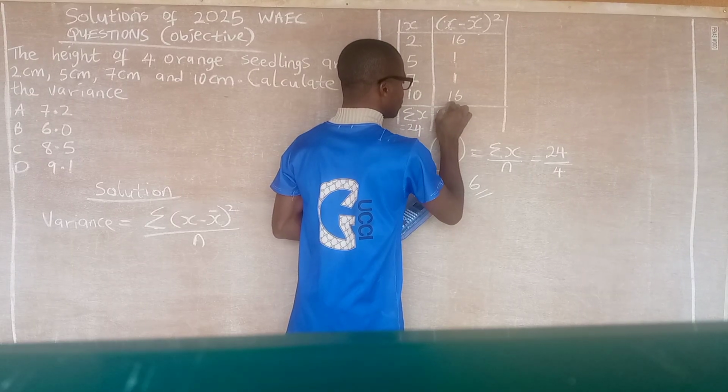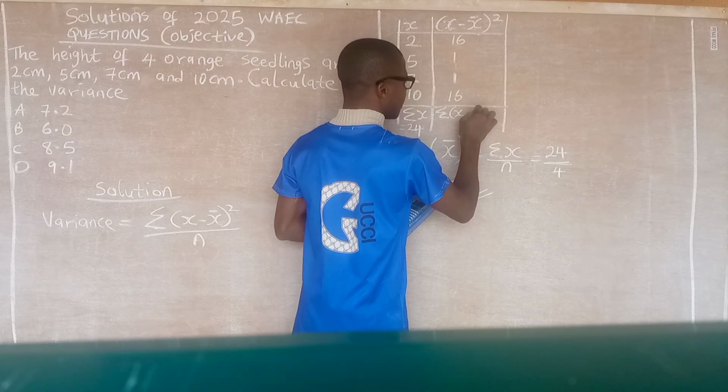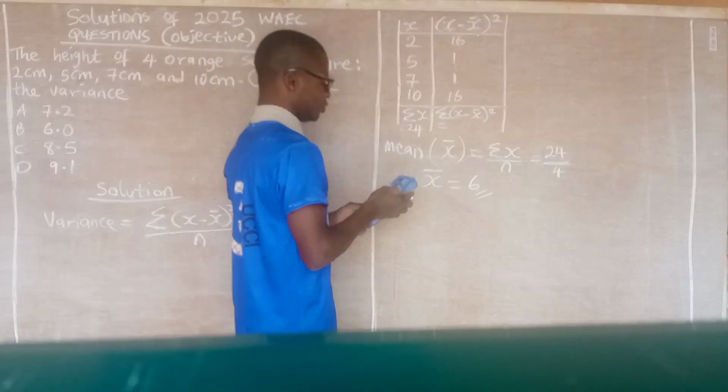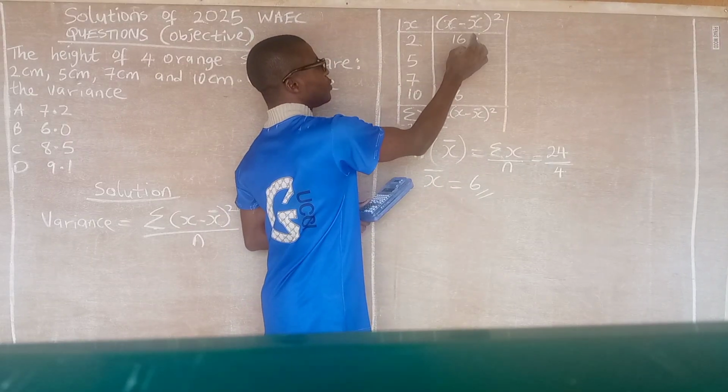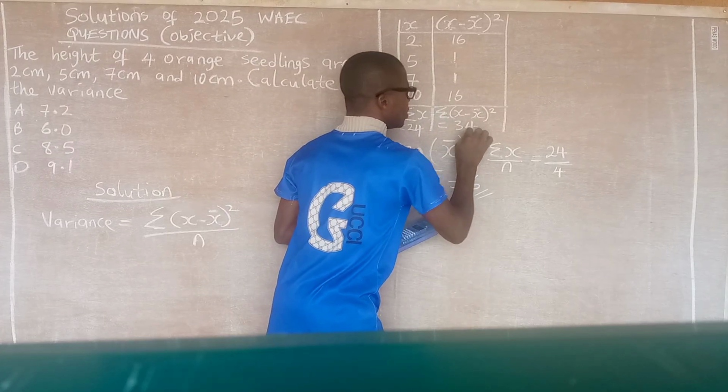So summation of x minus x bar squared is equal to 16 plus 1 plus 1 plus 16, which is 34.